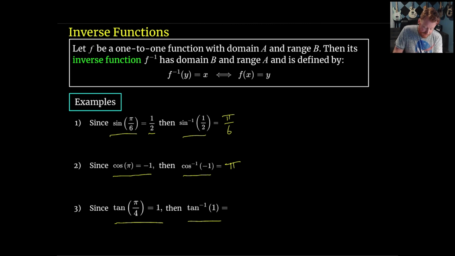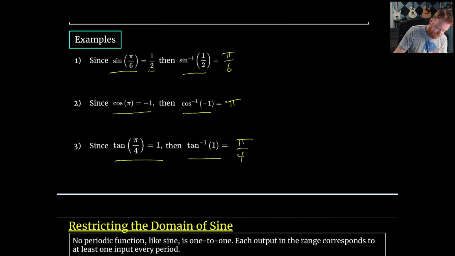So if I wanted to find the tangent inverse of 1, then that would map it right back to pi over 4. So just illustrating this relationship of the input getting sent to the output, and then they can reverse roles where the output gets sent back to the input if we're viewing that as the inverse. A little looseness on the language there, but that's the idea.